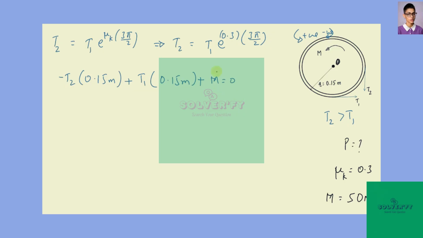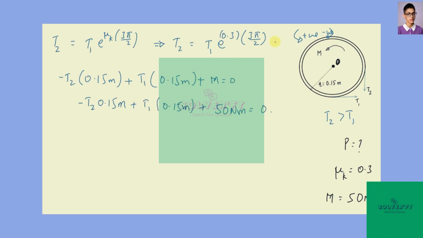So we can plug the value of M here, and we know M is 50 Newton meter. So we'll get minus T2 times 0.15 meter plus T1 times 0.15 meter plus 50 Newton meter is equal to 0.